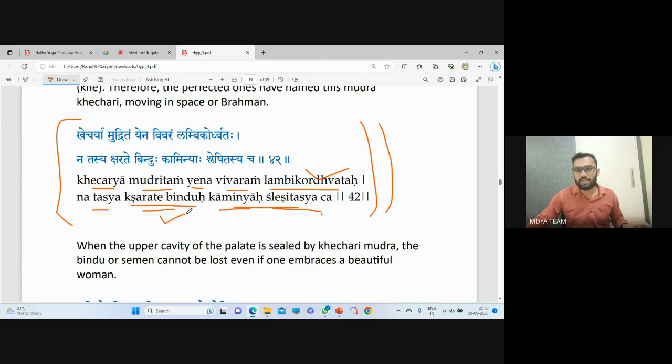So it is an extra benefit. You can understand how much Khechari Mudra can control our mind. In that activity also that yogi will be under control. It's only an example to make you understand how much this exercise is able to control your mind.